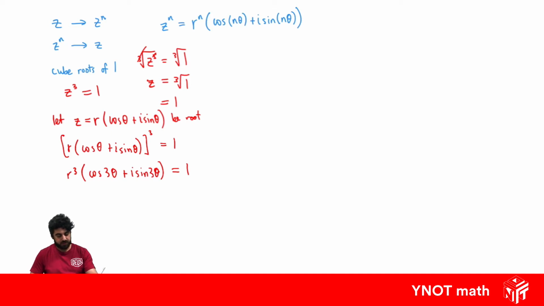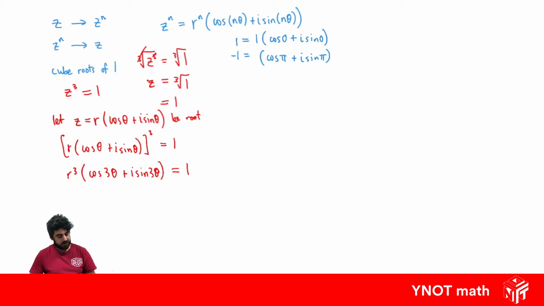If we ever want to express just the number 1 in mod-arg form, we can write 1 as 1 outside of cos 0 plus i sine 0. And while we're here, if we ever want to write minus 1 in mod-arg form, that's just going to be cos pi plus i sine pi.